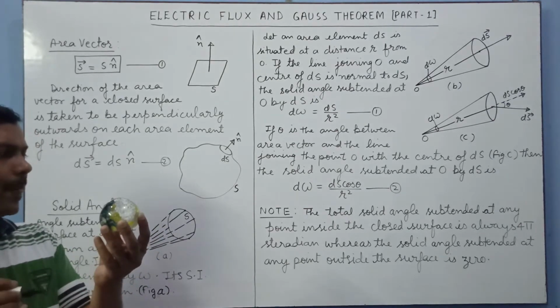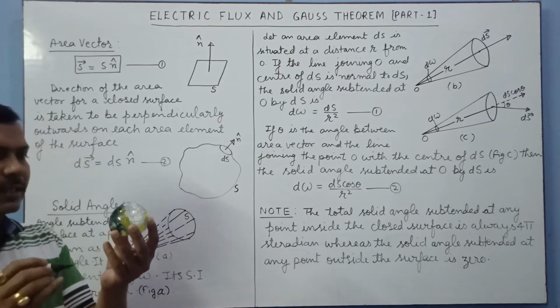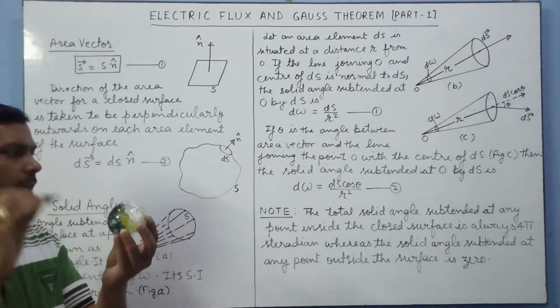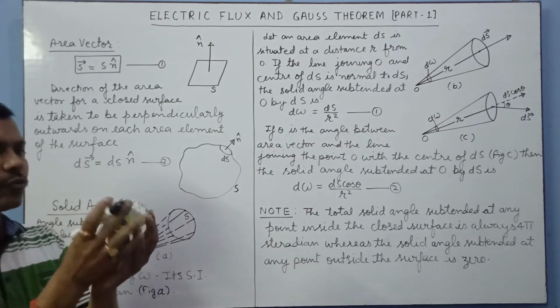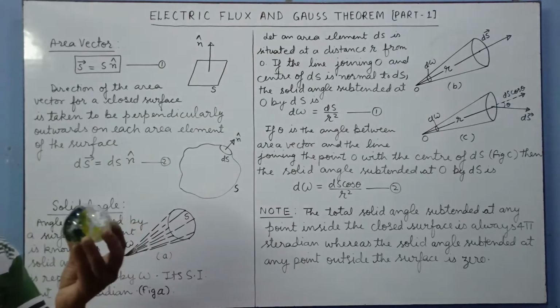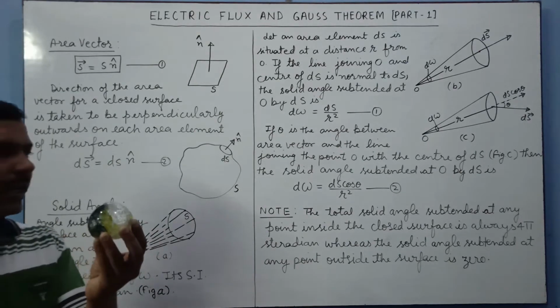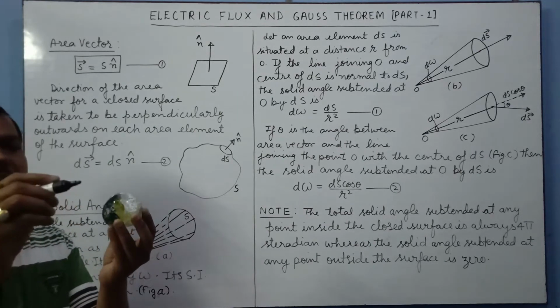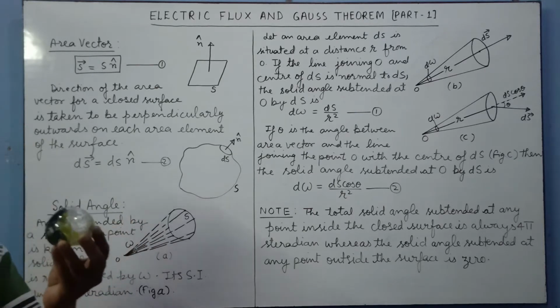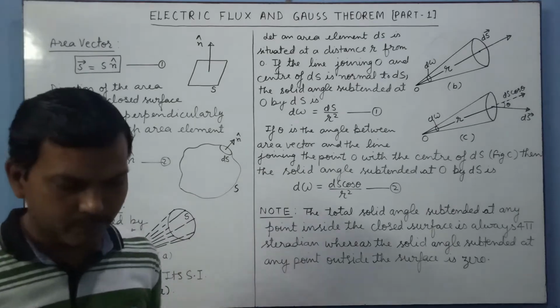So we will take a point inside this surface and we want to find out the solid angle subtended by this total complete surface at that center, and that angle will be 4 pi steradian. And if the point lies outside this surface anywhere here, then the angle subtended will be 0.